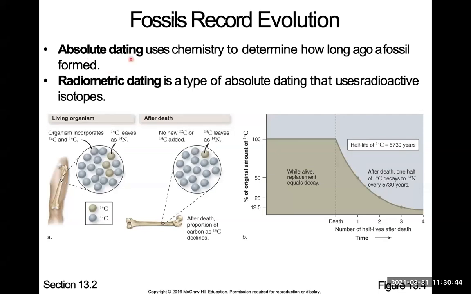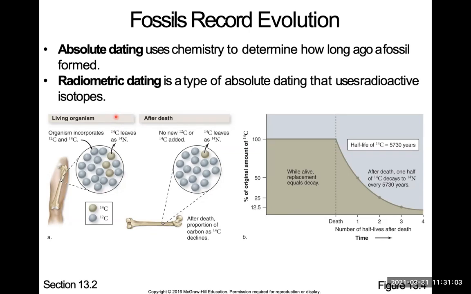And to do this absolute dating, they use something called radiometric dating. They look at carbon-14, so they use radioactive isotopes. Using that carbon-14, they're able to get how old this fossil is.